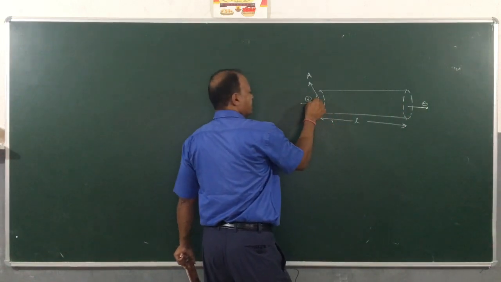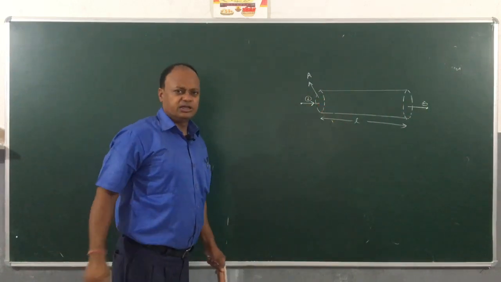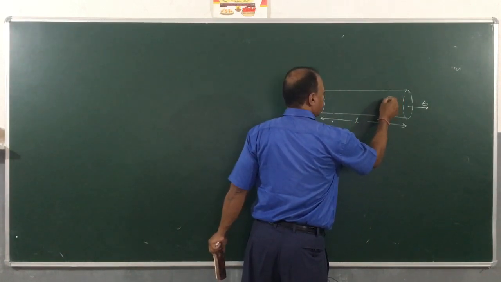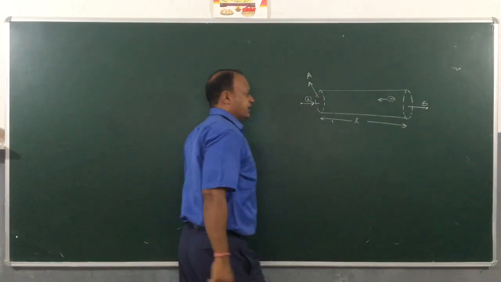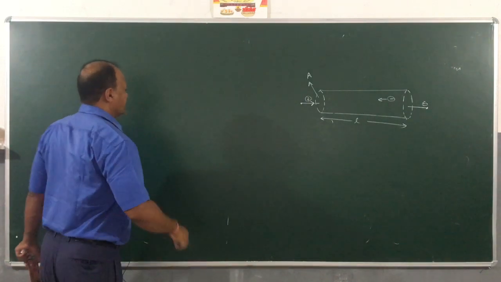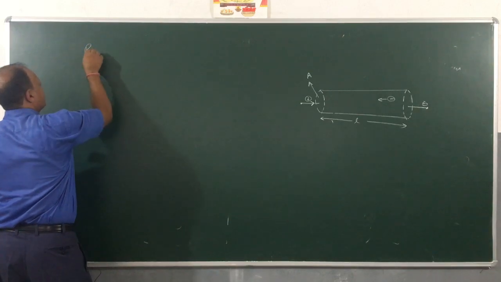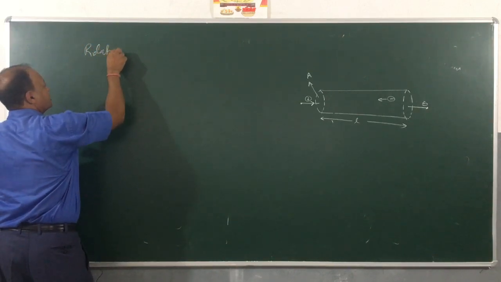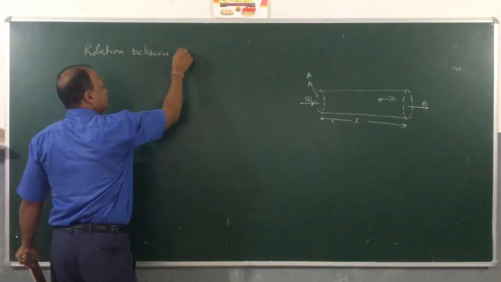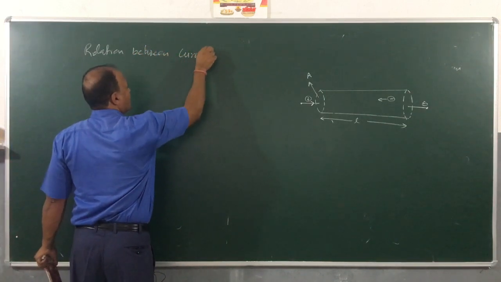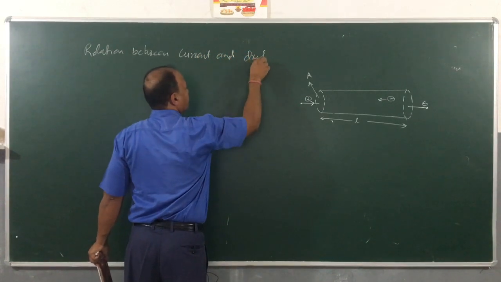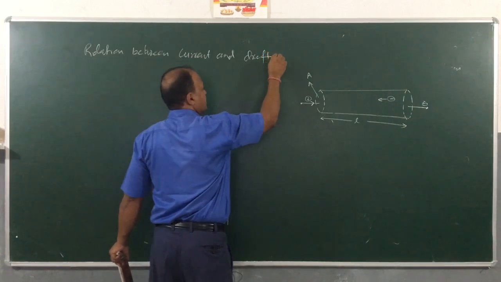So we know this is how the current is flowing from positive to negative, and electrons drift in the opposite direction, right? We will make certain assumptions. So we will write the topic first: relation between current and drift velocity.